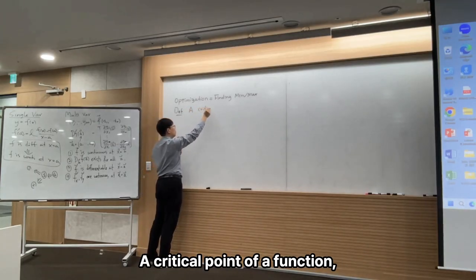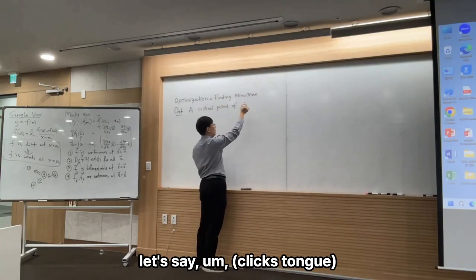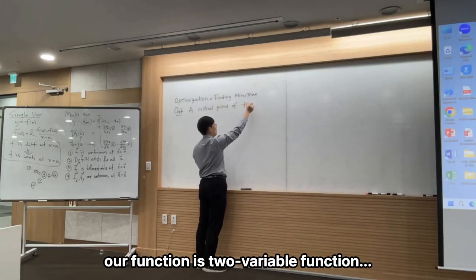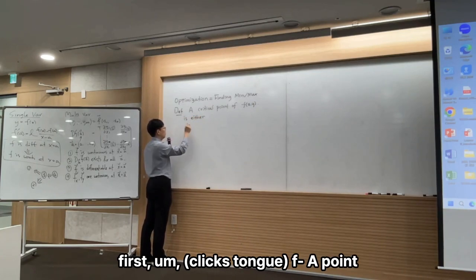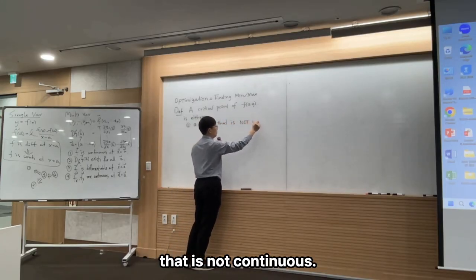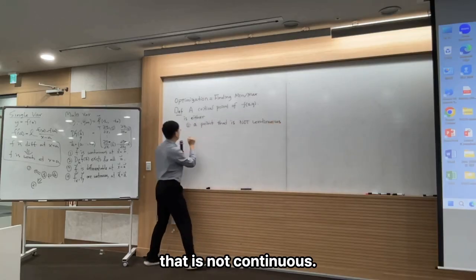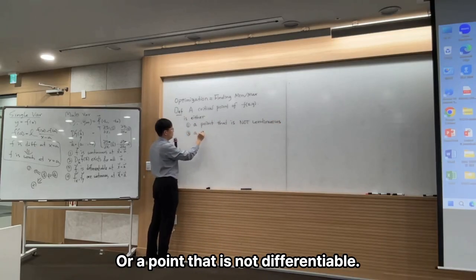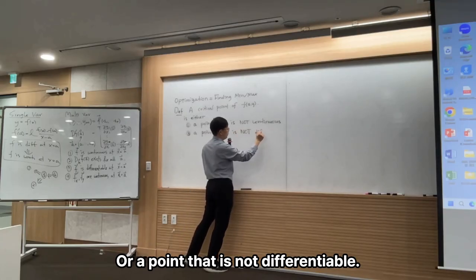A critical point of a function. Let's say our function is a two-variable function. It is either, first, a point where the function is not continuous.